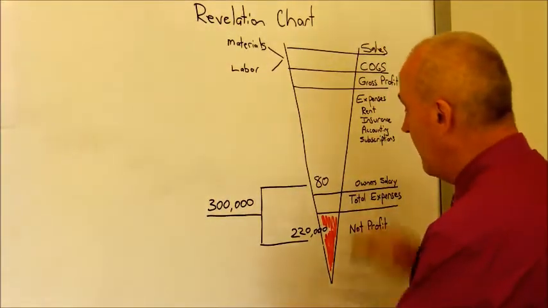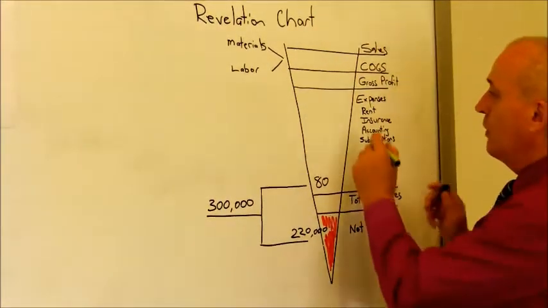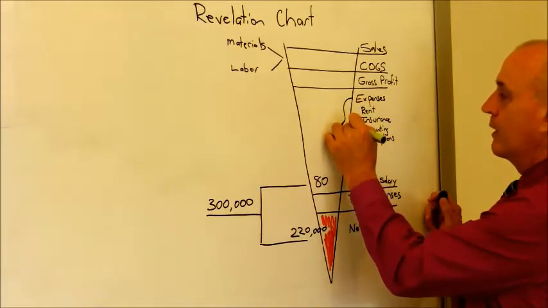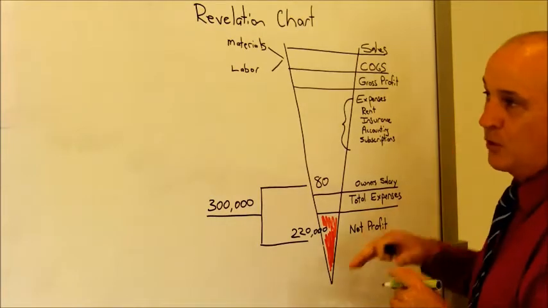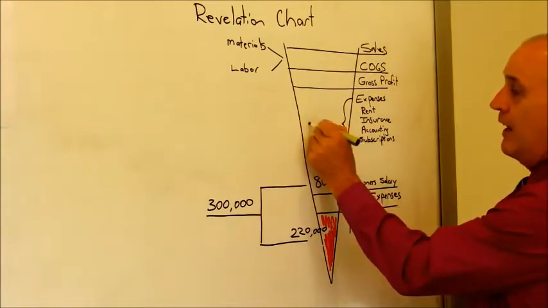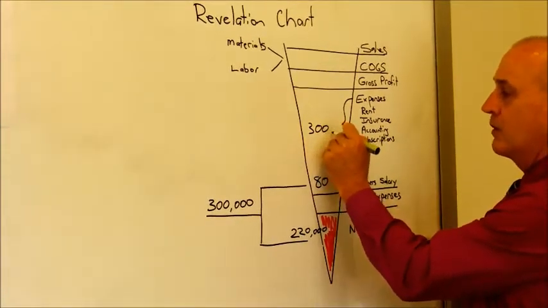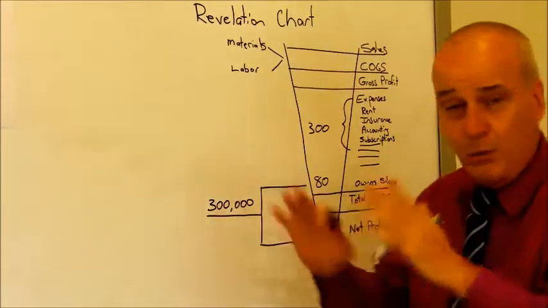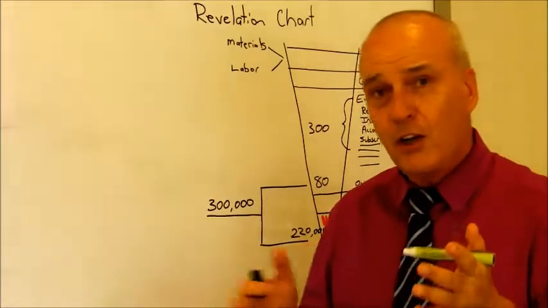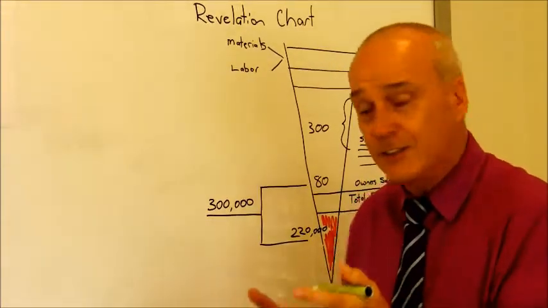So when we build this up, we can now look at all of our expenses. In this example, I've said rent, insurance, accounting, subscription, all of those costs, and I've added those up to be $300,000. Now there could be a pile of other costs in here. They will be whatever they need to be, because they don't add value to you, they're just expenses.